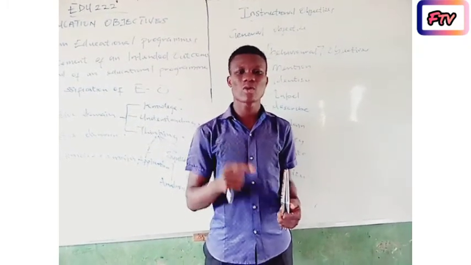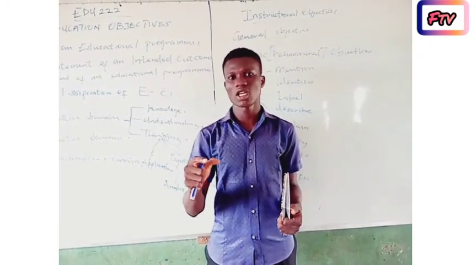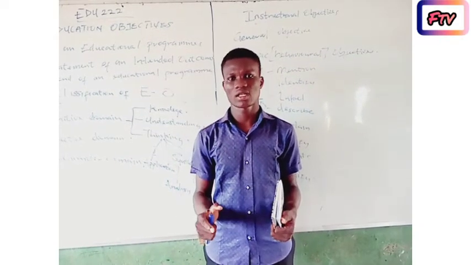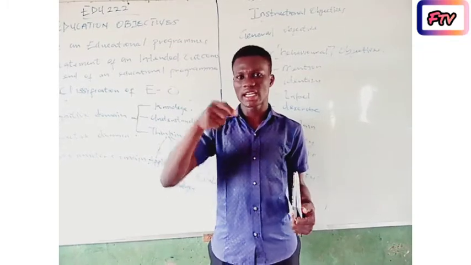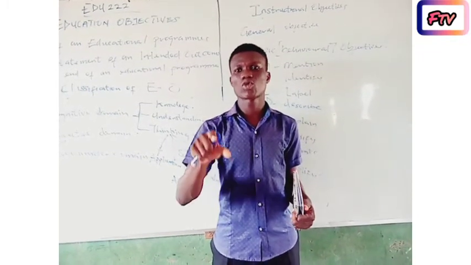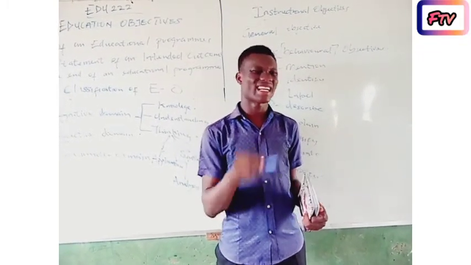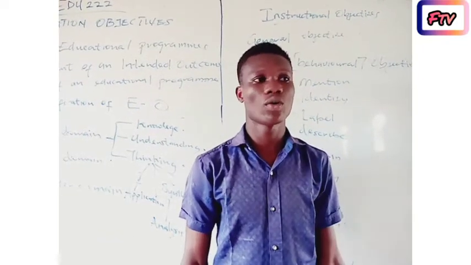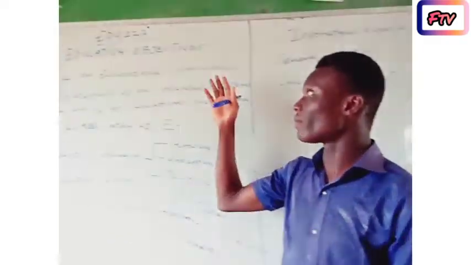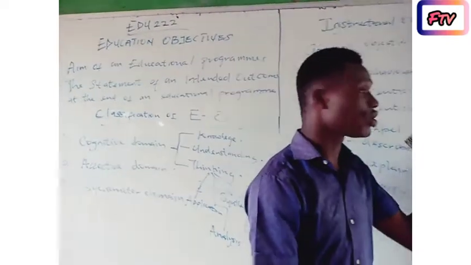It makes them know the weaknesses, the loopholes in their educational programs. Another thing is that it makes even the learners themselves able to know if they have actually attained knowledge or not.